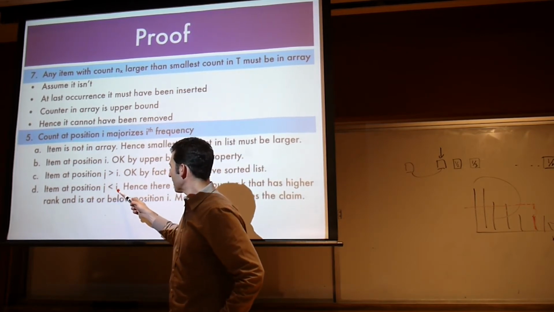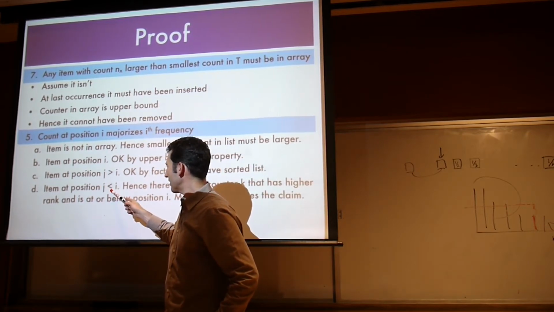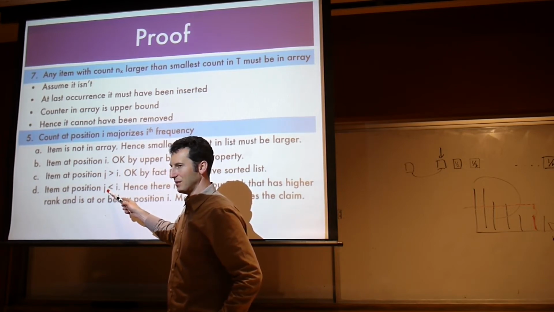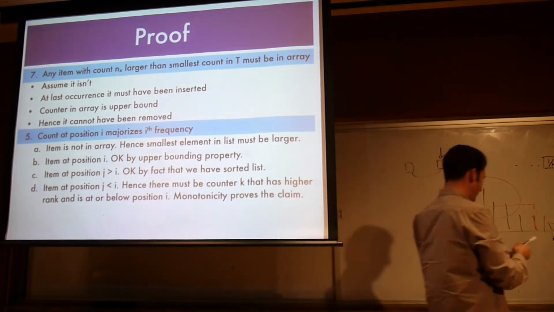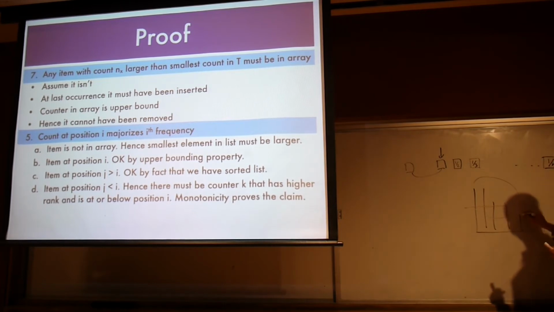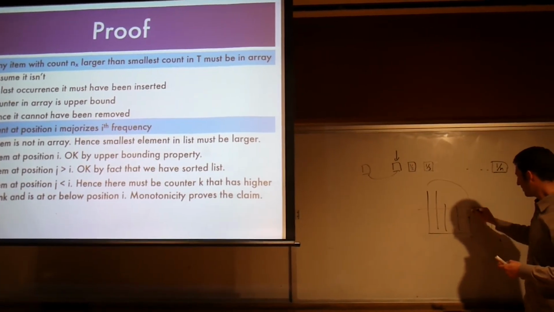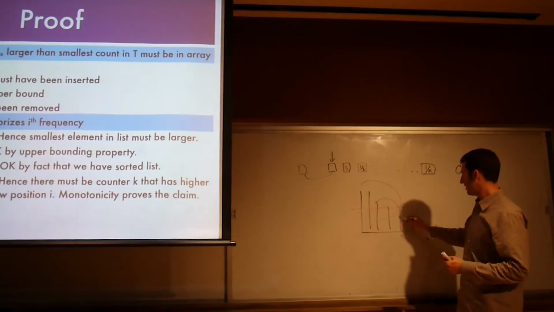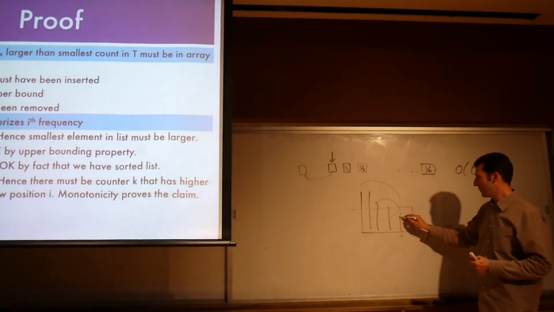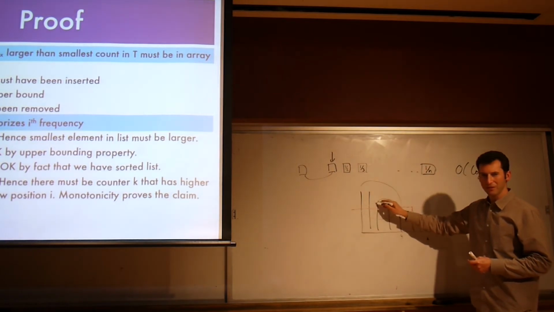Let's say it's higher on the list, right? So this item here that actually should have belonged to position 4 may sit at that position. How do we guarantee that this counter here is still larger than the true count of this guy?